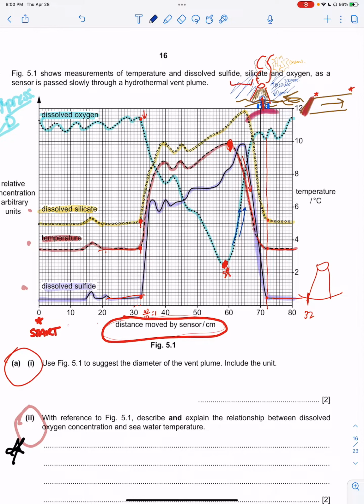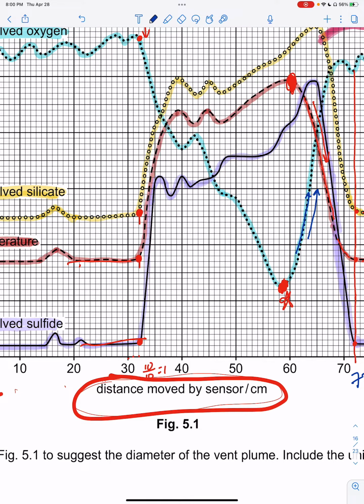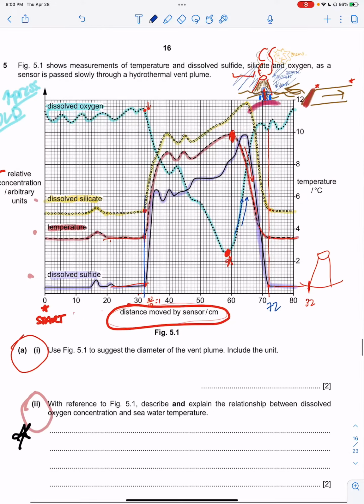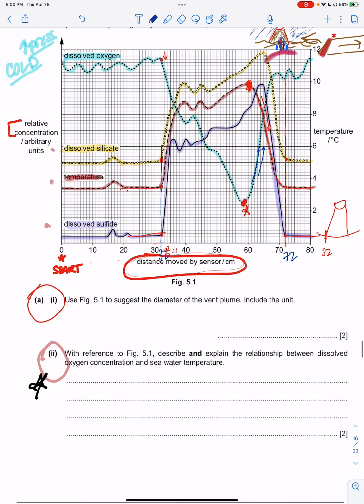All right. So essentially we're looking at 72, and then over here where all of these start to increase, 32. So we're going to start at 32 and end at 32, and they want to know the diameter of it. So the width essentially goes from 32 to 72. So how wide is it?